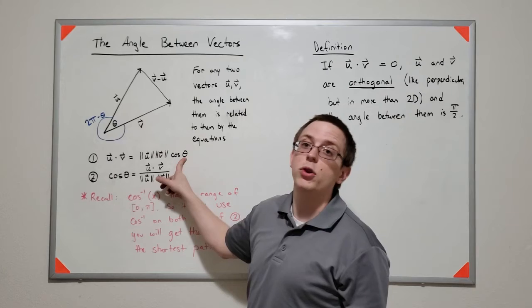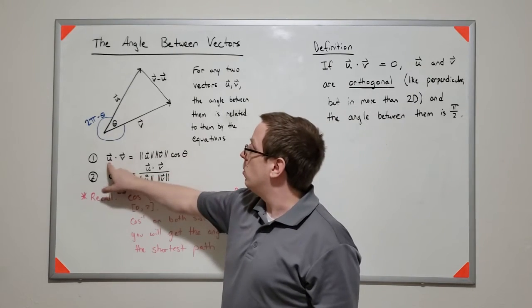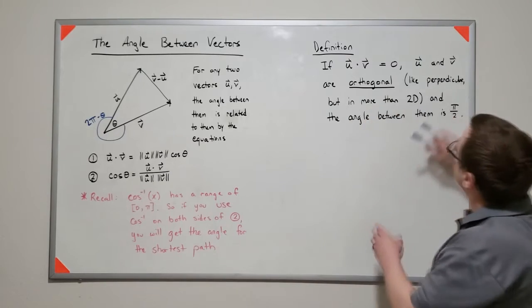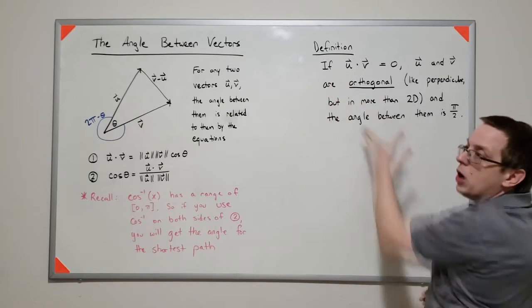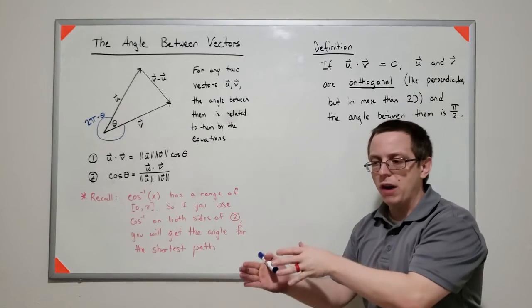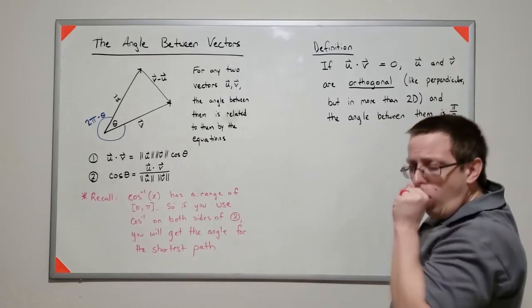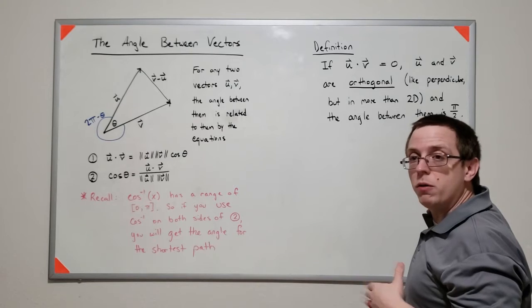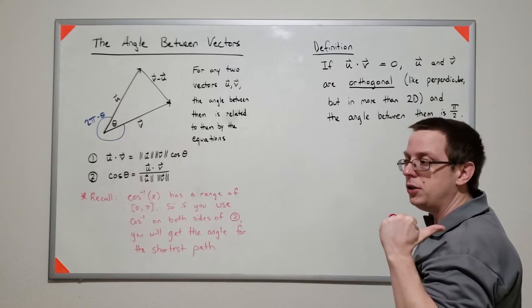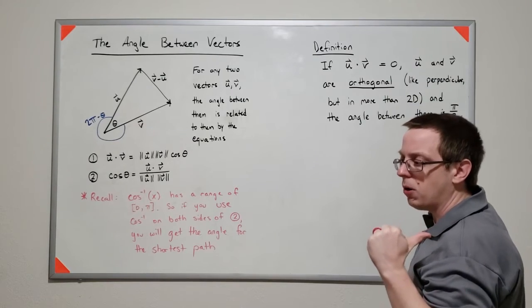Well, cosine of pi over 2 is 0. So u dot v is going to be 0. So it works both ways. So what we know is that if we have u dot v equals 0, the angle between them is pi over 2. We also know if the angle is pi over 2, u dot v will be equal to 0.